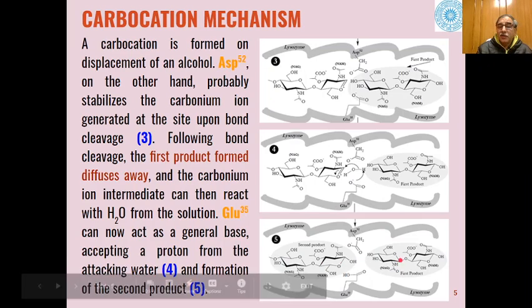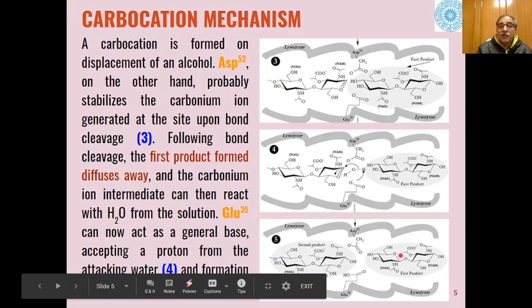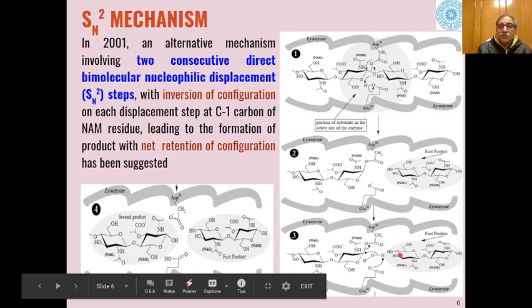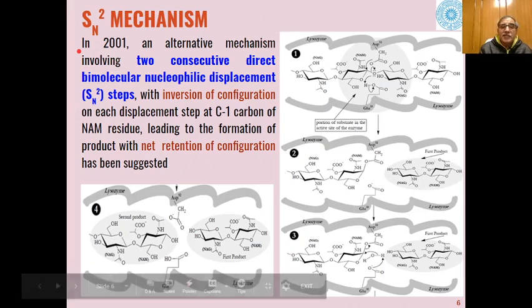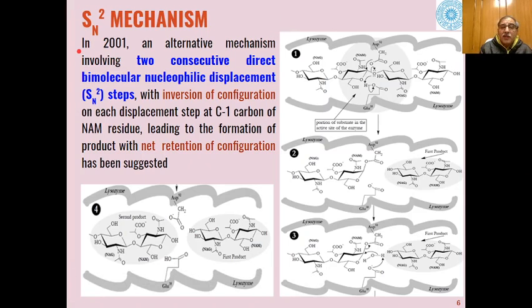This completes the hydrolysis of NAG and NAM. Then another type of mechanism, which was given in 2001, is the SN2 mechanism. Here two consecutive direct bimolecular nucleophilic displacement reactions take place, and we know that in SN2 there is an inversion of configuration.